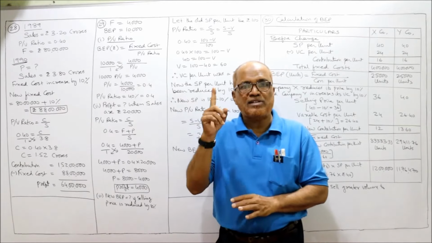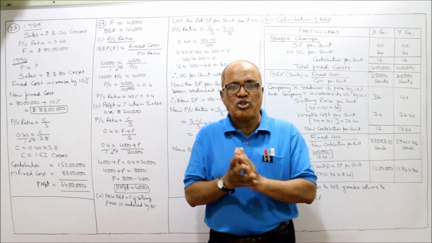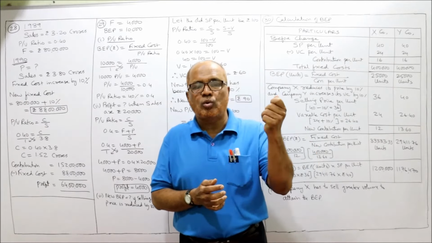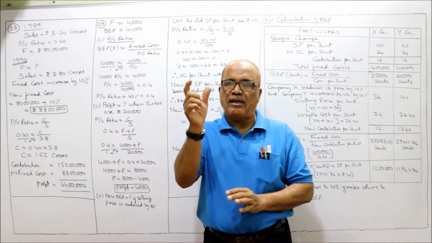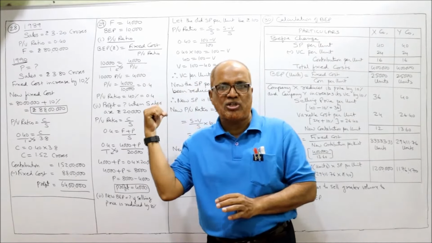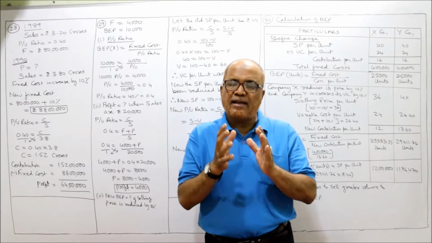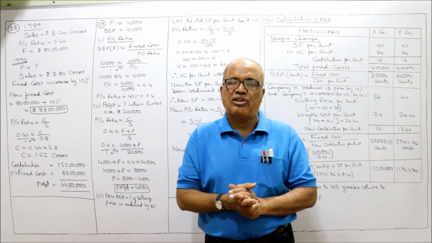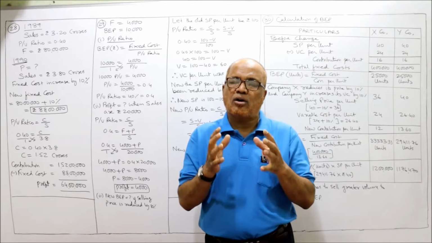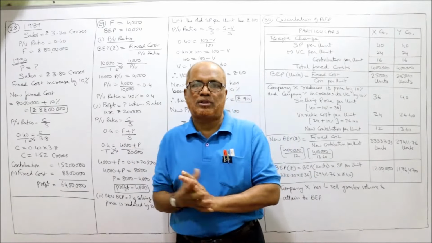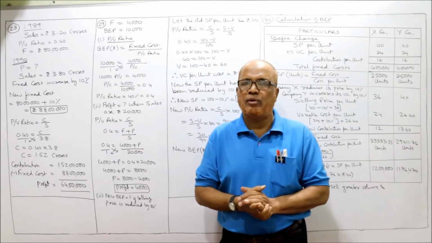If you have not watched the first video, I suggest you go to the playlist, select the subject managerial accounting, find the topic marginal costing, and select the video on introduction theory. Watch the complete video, get the confidence regarding the concept of marginal costing, then we come to the problem. Then only you will be able to understand.